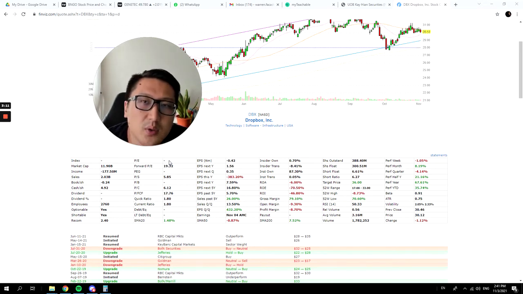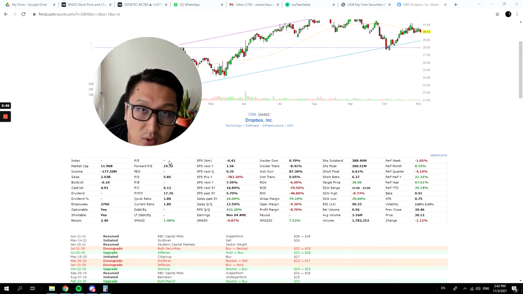Number two is, what does it mean when a loss-making company has a forward PE of 19? First of all, it's a very sexy story. It's a turnaround story, because they were not profitable and are projected to be profitable by next year. Forward PE uses the current market cap, which is 11.9 billion.